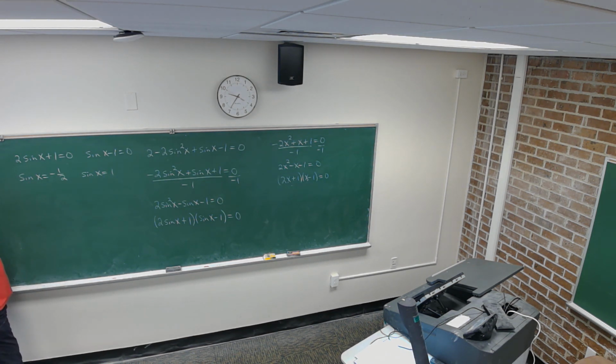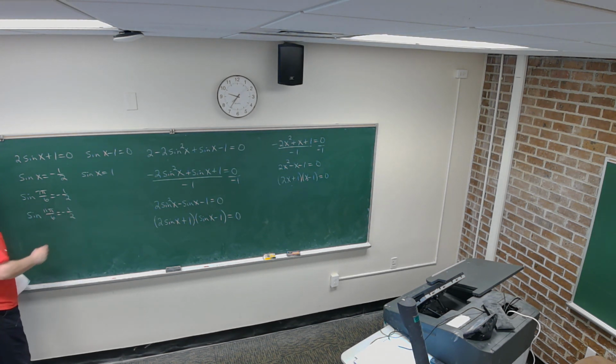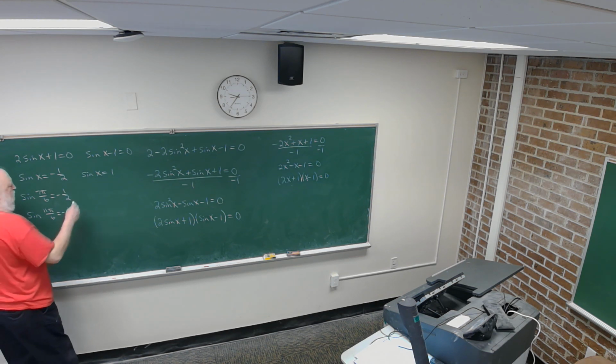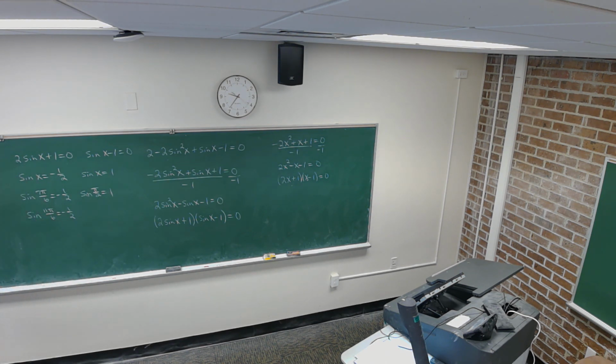And so where on the unit circle is sine x equal to minus 1/2? Well, 7 pi over 6 and 11 pi over 6. And we know that sine pi over 2 is equal to 1.